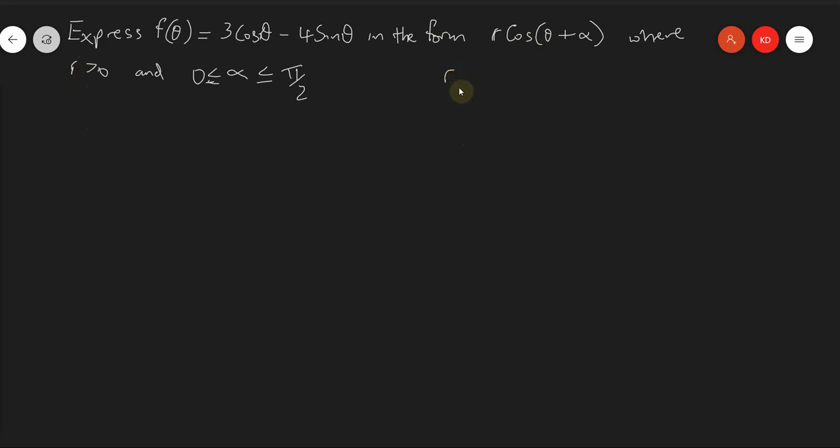so basically let's just use the identity to expand cos(theta plus alpha), which would just be cos theta cos alpha minus sin theta sin alpha, and of course we would distribute the r.